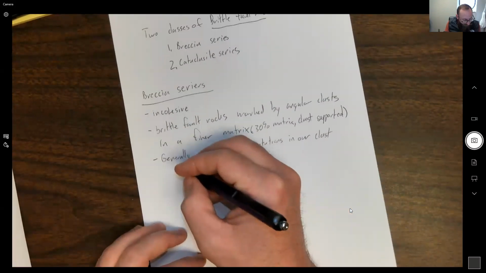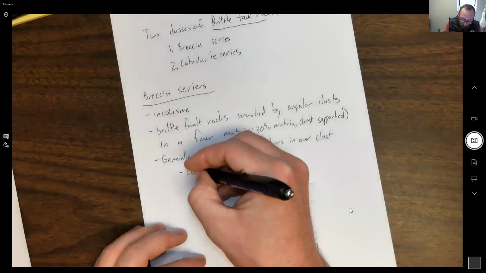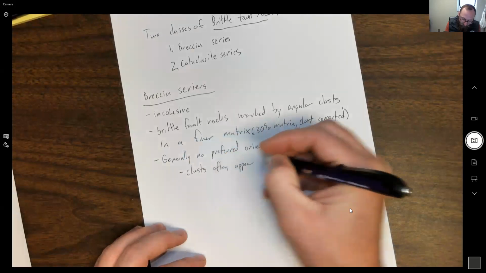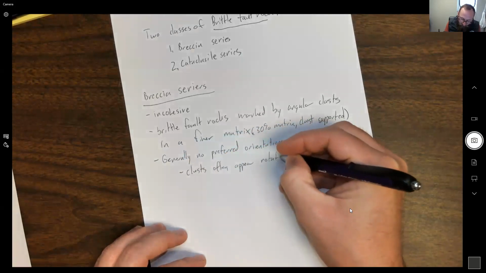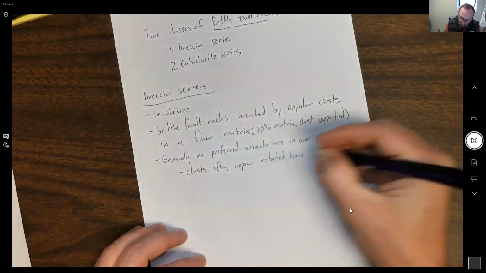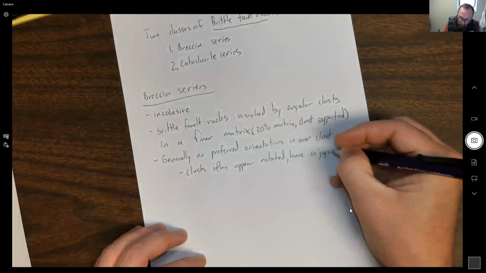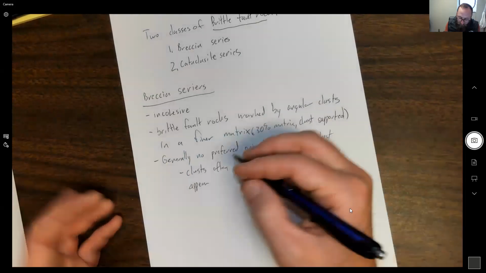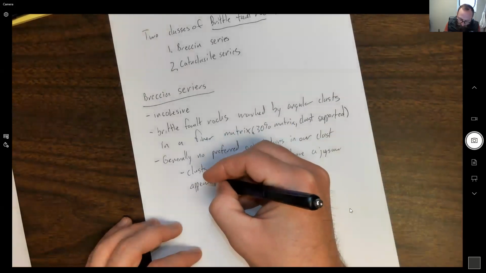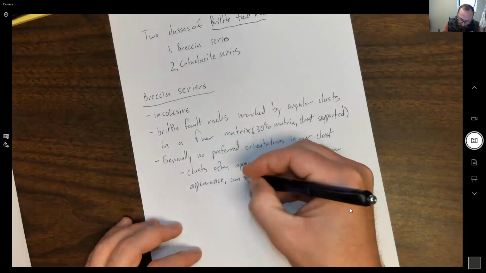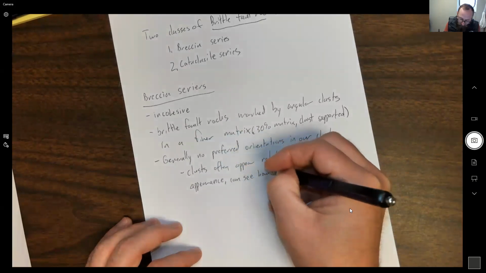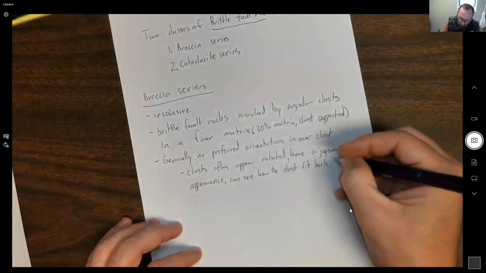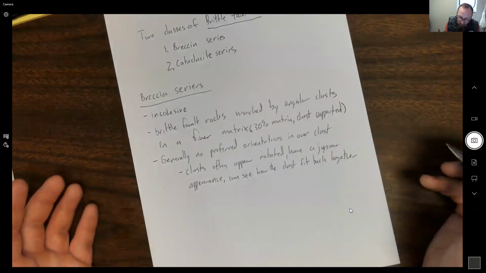Although, let me just qualify that: the clasts often appear rotated and have a kind of jigsaw appearance, where you can see where and how the clasts fit back together, if the grain size is large enough, I should say.